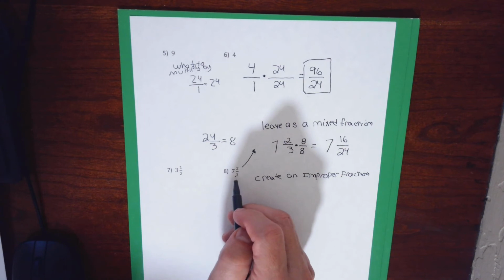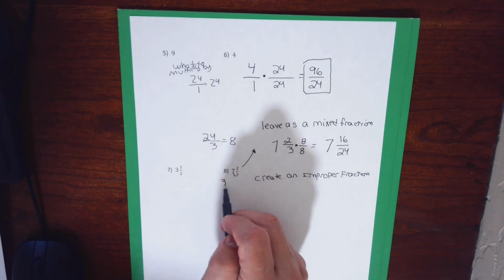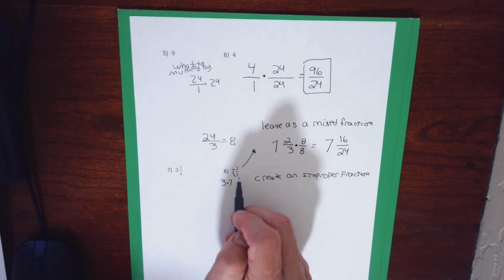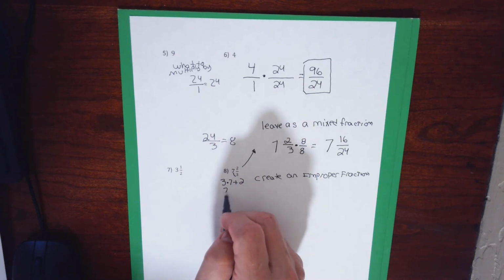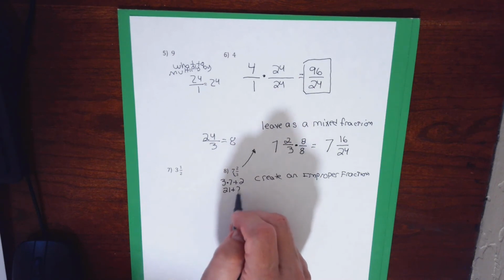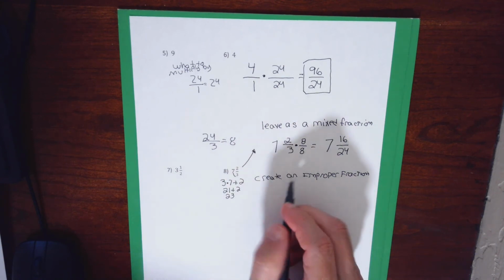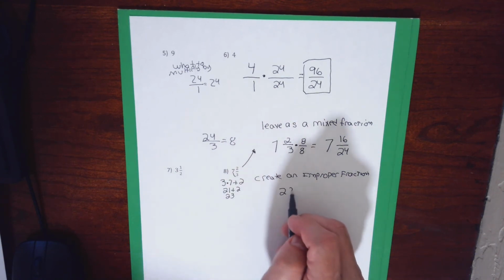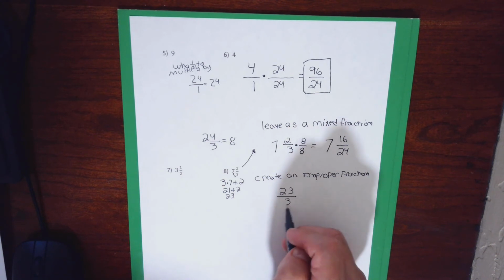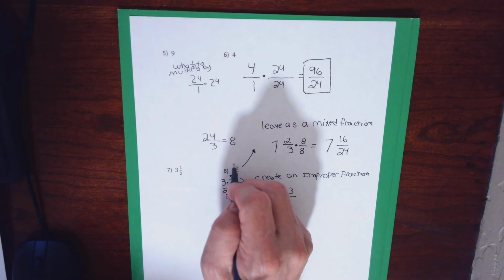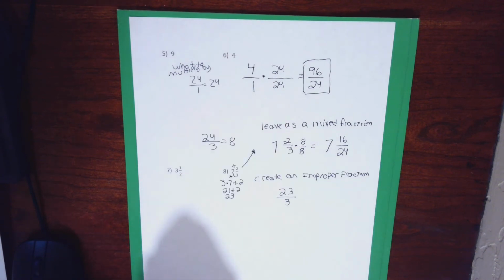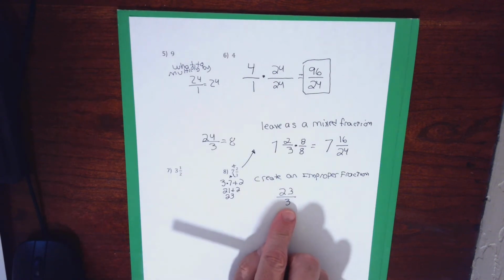To do that, I'm going to multiply the 3 times the 7 and add 2. Create a fraction that has the same denominator with a new numerator. So the improper fraction version of this would be 23 over 3 again. It's just 3 times 7 plus 2. And this is a fraction that has a 3 in the denominator.